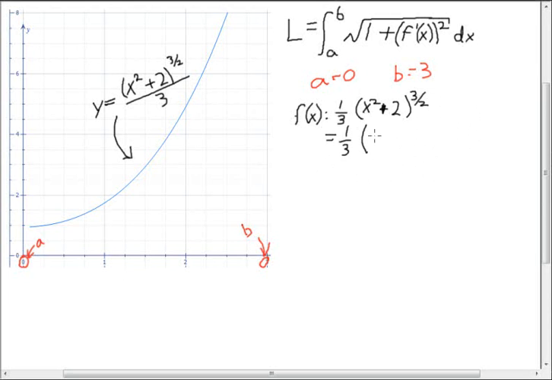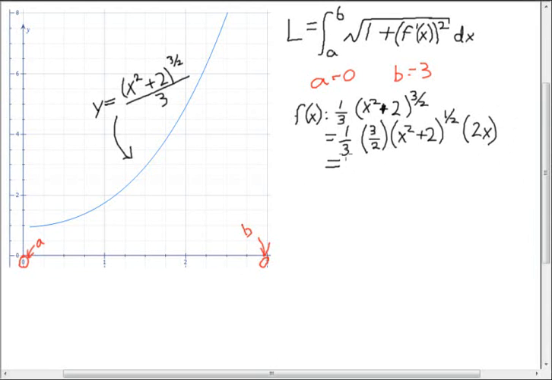1/3 times 3/2 times x squared plus 2 to the 1/2 times 2x.